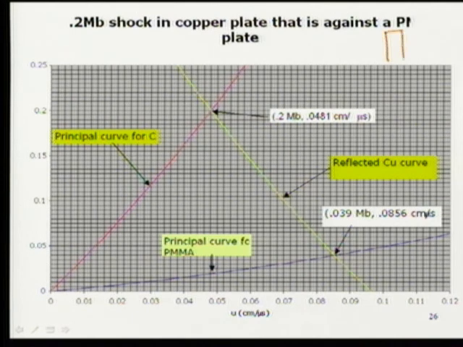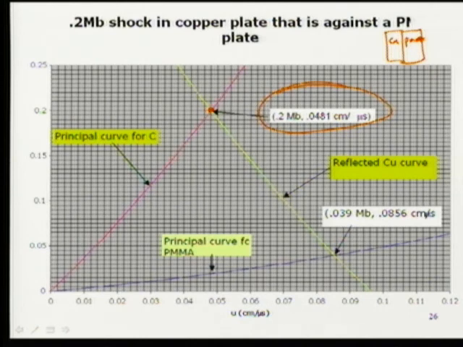So you have copper and you have PMMA. And this just puts real numbers to it. So if the initial condition would be given, it would be like 200 kilobars or 0.2 megabars.